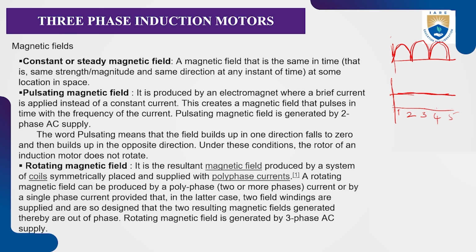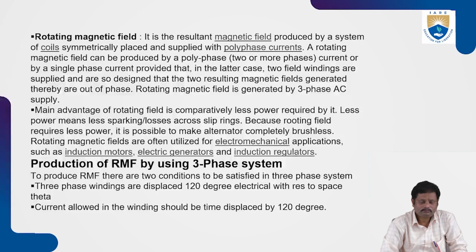Here we are giving a three phase AC supply to the stator, and a rotating magnetic field is produced in the stator windings. It is the resultant of the magnetic field produced by a system of coils symmetrically placed and supplied with polyphase currents.